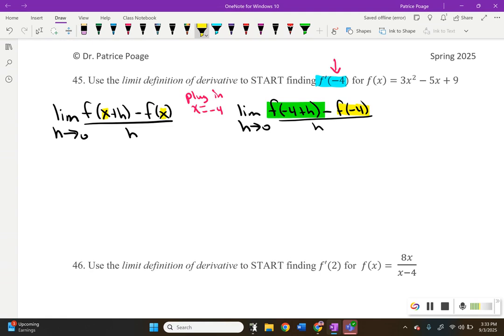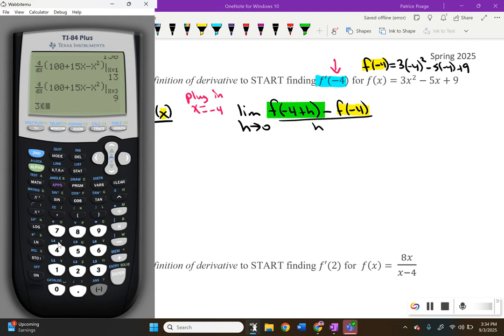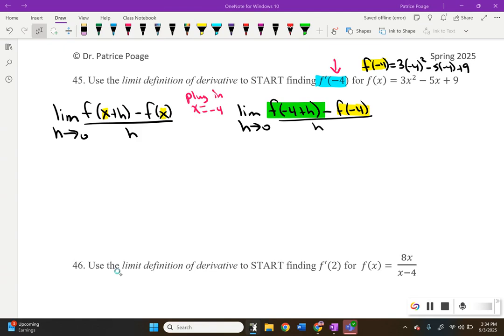Then I can type that into my calculator: 3 times negative 4 squared, minus 5 times negative 4, plus 9. That gives me 77. So f of negative 4 is 77, and this part is going to be 77 when I get there.